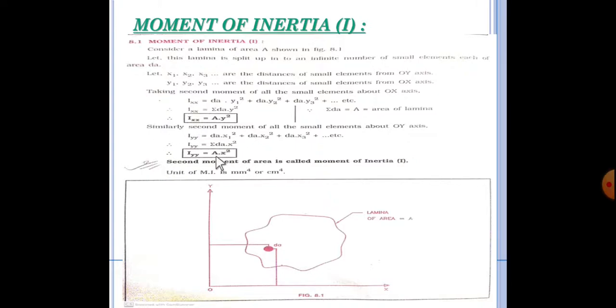That means the unit of area is mm square, and the square of this distance is again mm square, means it is mm raised to 4. Clear?